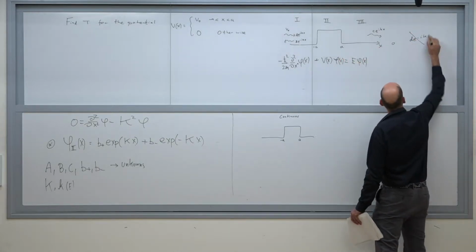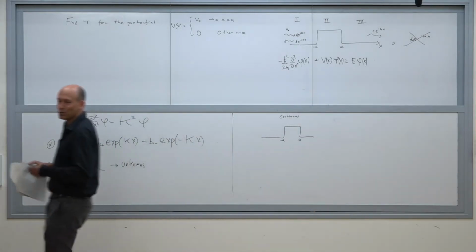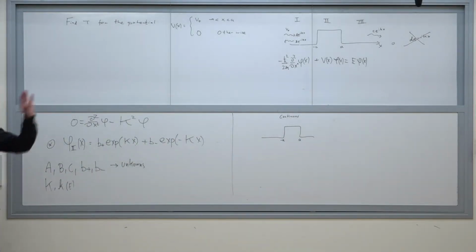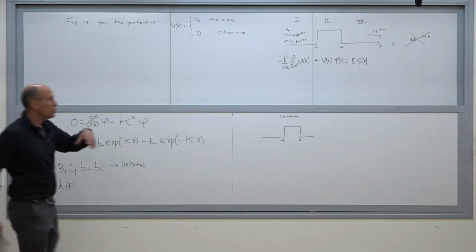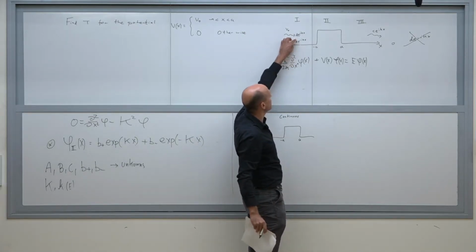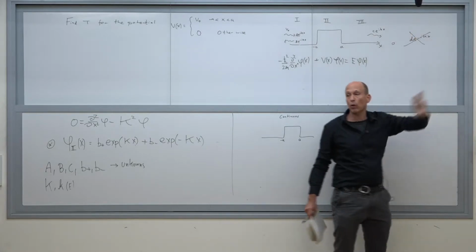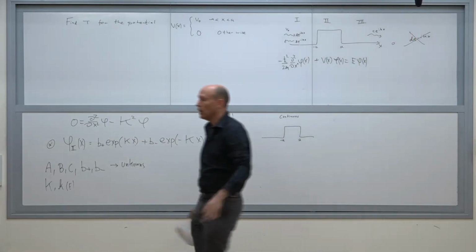I already canceled this. I didn't tell you this because I thought I had said it too many times, so I forgot to tell you. I canceled that term because of the boundary condition at infinity. I assume that you have something coming in from minus infinity, this is A, something reflected, and something transmitted, and this D is 0. So we already used the boundary at infinity.